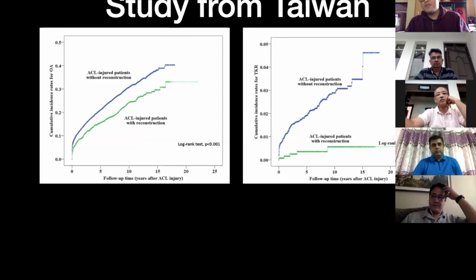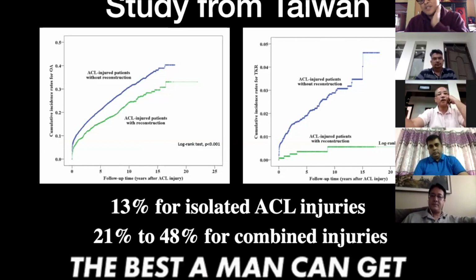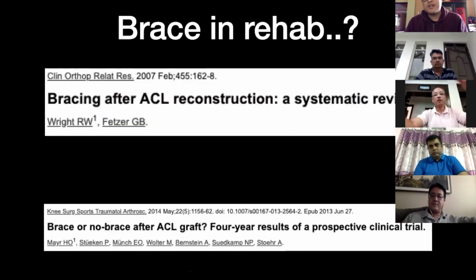Even if they had osteoarthritis signs on X-ray, symptomatically they were better, and they didn't need total knee replacement afterward with the same level of osteoarthritis. So this paper from Taiwan gives us insight that ACL reconstruction is the best a man can get at present, even though it does not prevent osteoarthritis completely.